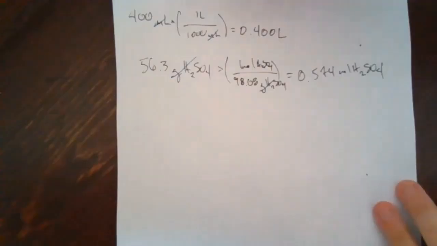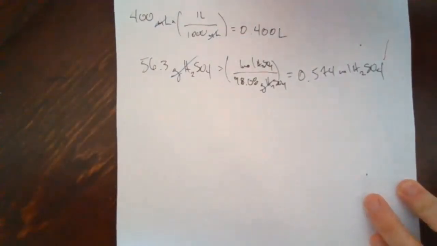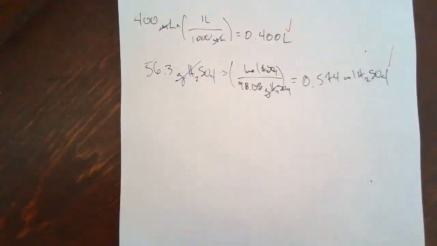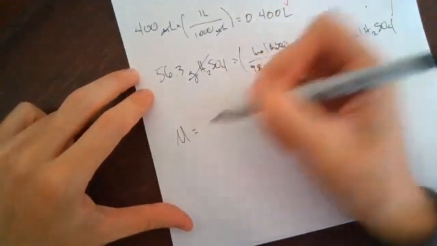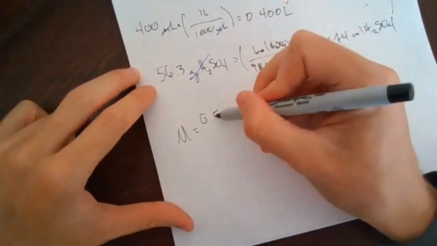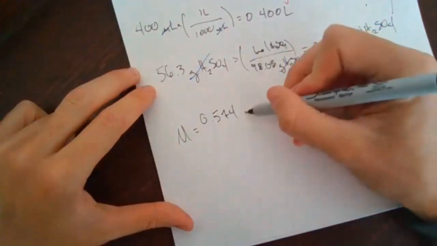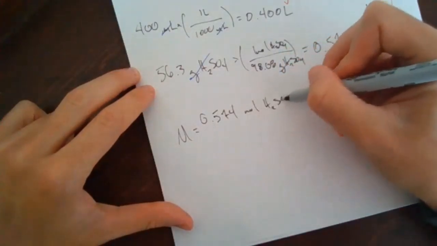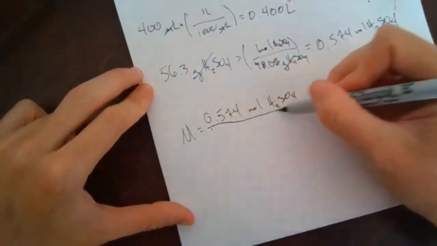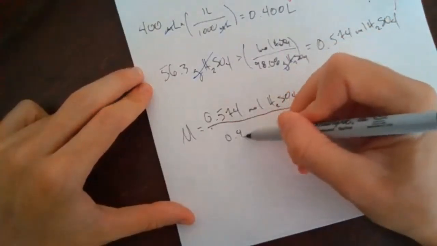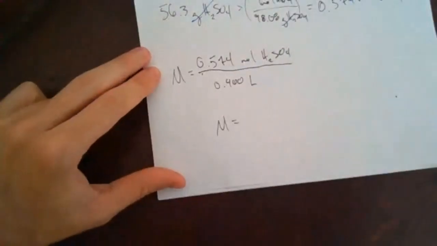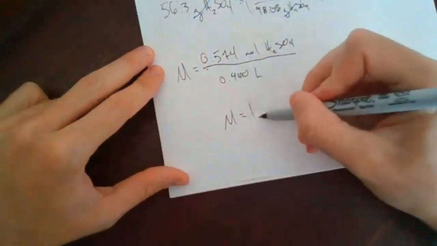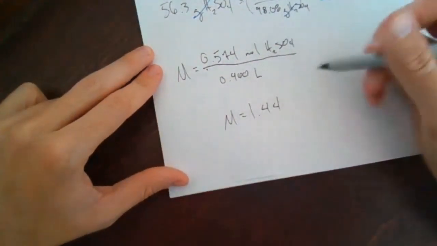So now, we needed moles of H2SO4, check. We had liters of solution, check. I can plug them back in, and we can get that molarity is 1.44.